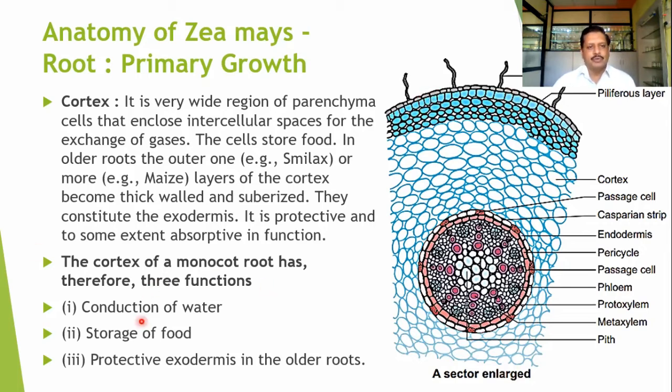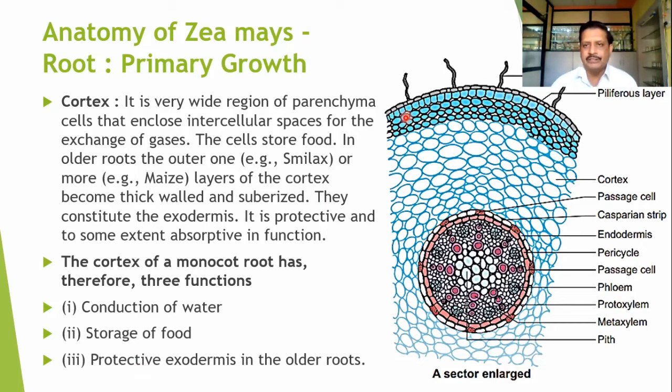The cortex of the monocot root has three basic functions. See here: the conduction of water and minerals, the natural phenomenon for which the root has been developed. Then storage of food, the root can store food material in this cortex region. And the third one is the protective exodermis in the older roots.